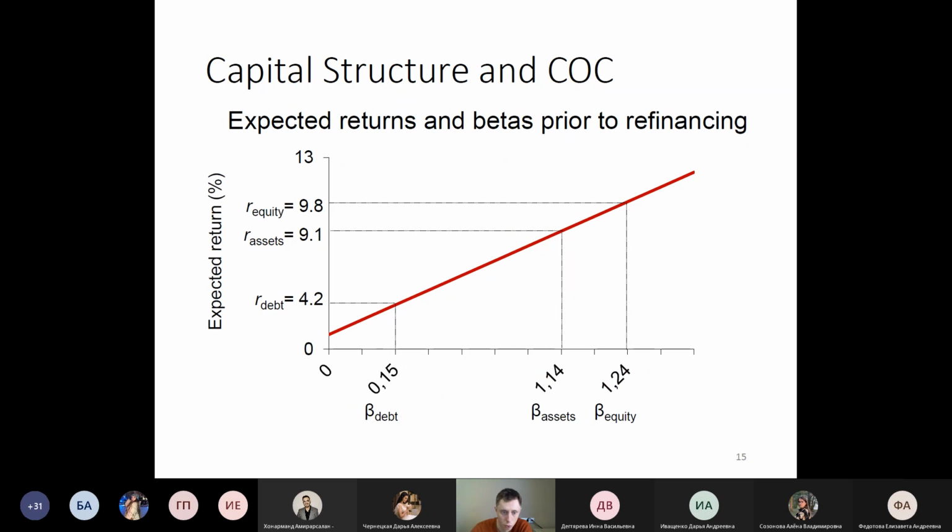And here we have an illustration. So for every beta, assets, equity, debt, we have some expected return that we can estimate directly. And the alternative way of approaching the same exercise of estimating the cost of capital would be working with the beta coefficient.